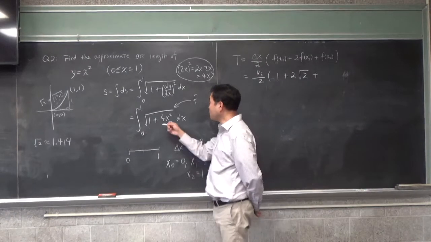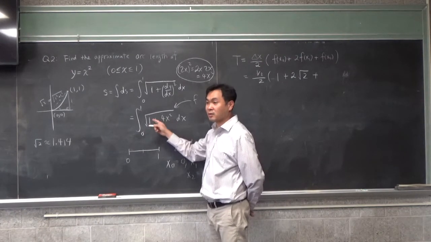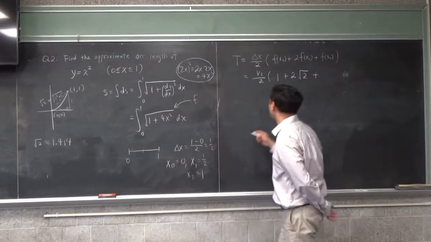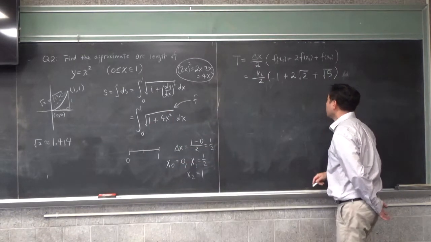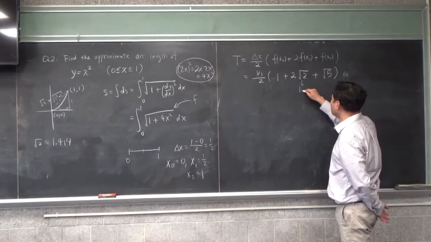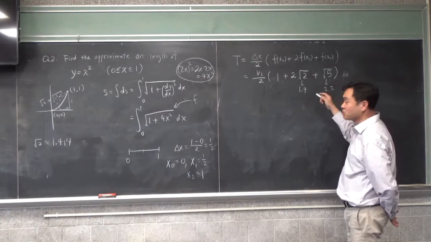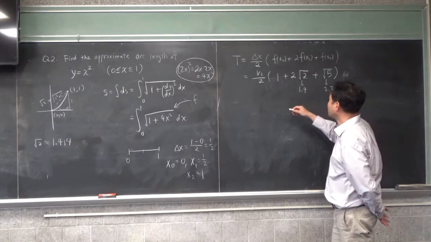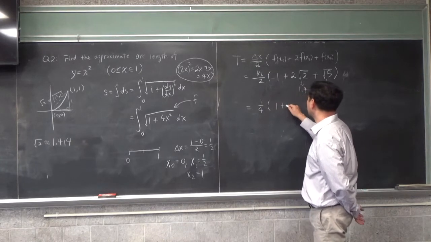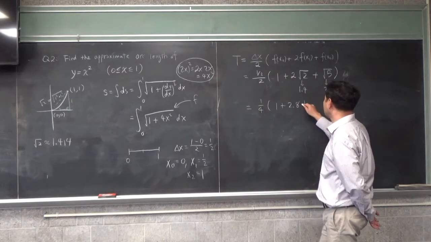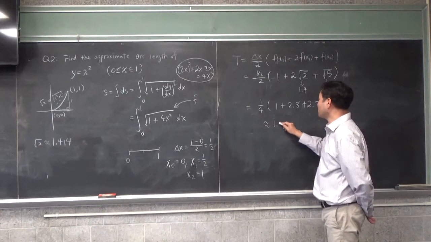If you plug in 1, you get 4 plus 1, 5, square root of 5. And approximately, this is like 1.4. This is about like 2.2 something. So you get 1/4 of (1 plus 2.8 plus 2.2), and it's about 1.5.